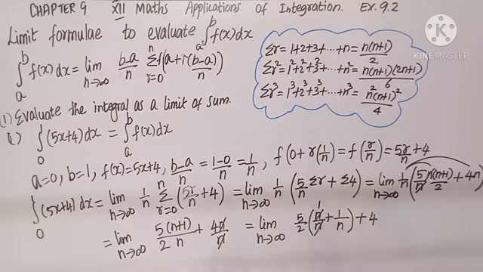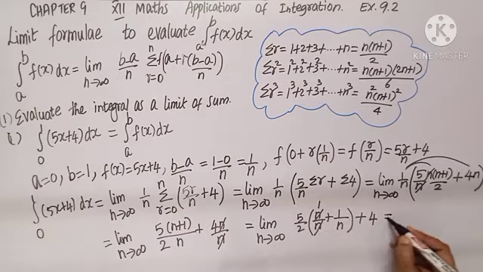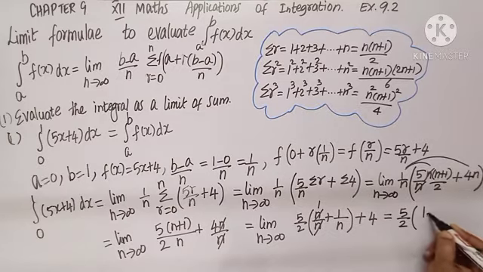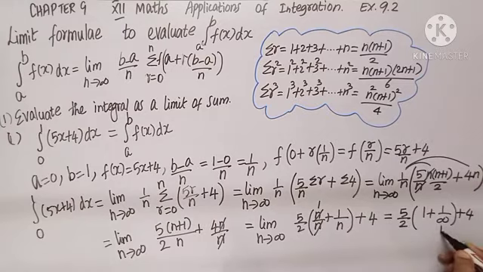N cancels one time. Now wherever n comes, let me put infinity. I get 5 by 2 into 1 plus 1 by infinity, plus 4. Whenever infinity comes in the denominator, my answer is 0. 0 in the denominator gives infinity. Infinity in the denominator gives 0.